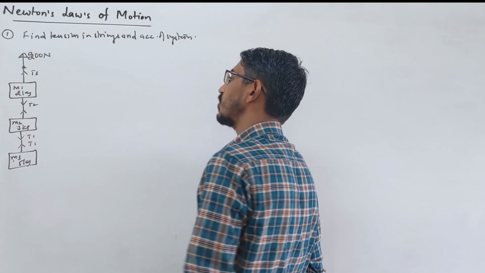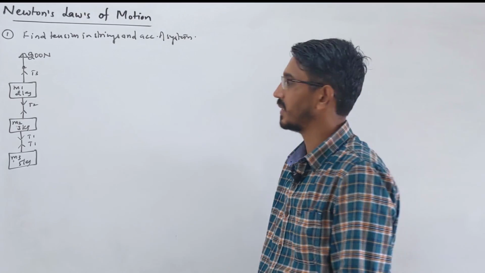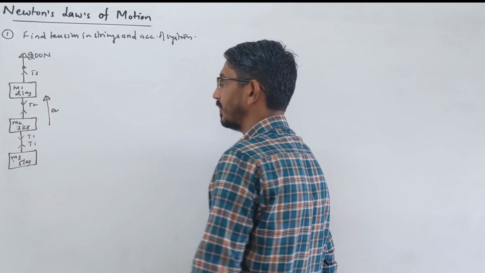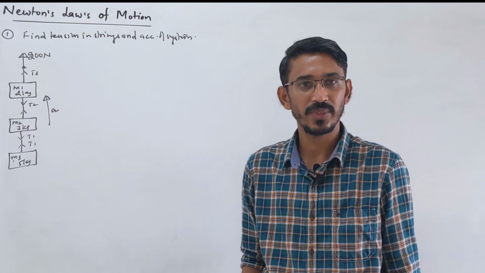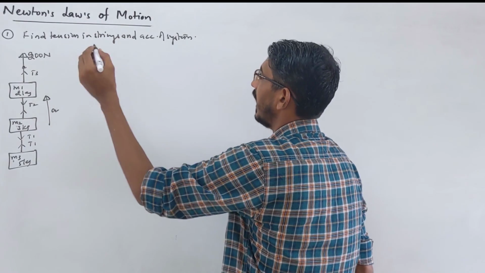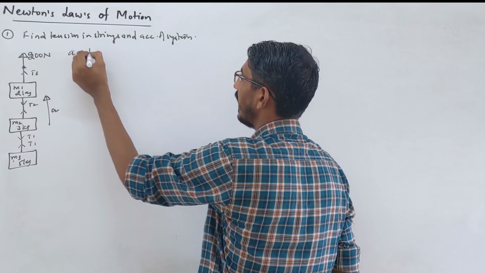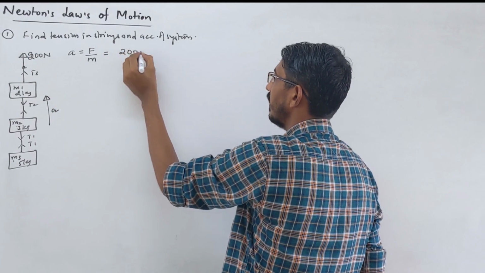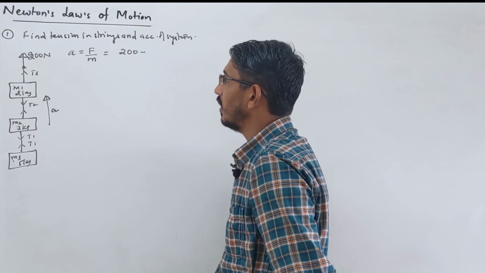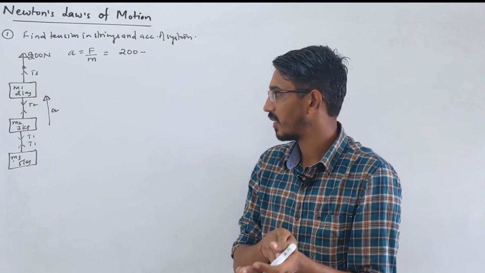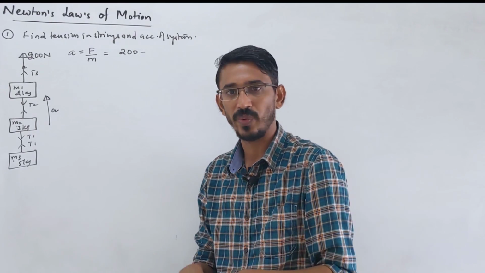That is the direct answer, we know it is 200 only. Still, let's calculate this. This whole system is moving upward with acceleration A. It can move downward also, as we have discussed already. First you have to find the net acceleration of system A, which is net force by total mass. What is net force applied here? 200 minus the weight of the blocks. 200 force is trying to move the system upward, and the weights are trying to move it downward.